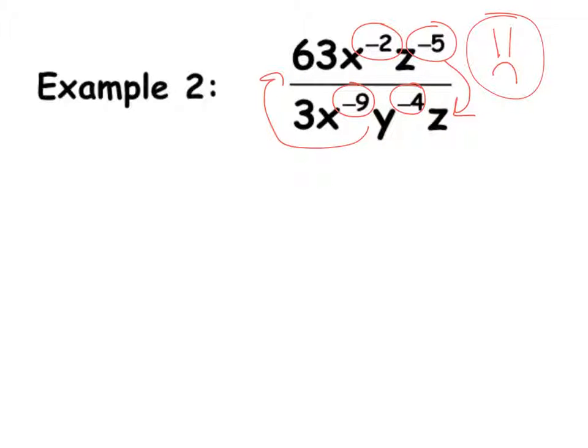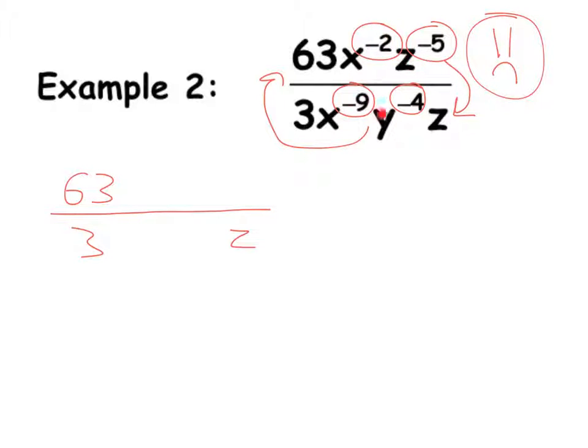Everything else that didn't have a negative exponent stays exactly where it is. That includes the 63 in the numerator. In the denominator, there was a 3, and there was this z term at the very end. This z right here did not have a negative exponent, so we're going to leave it in the denominator.